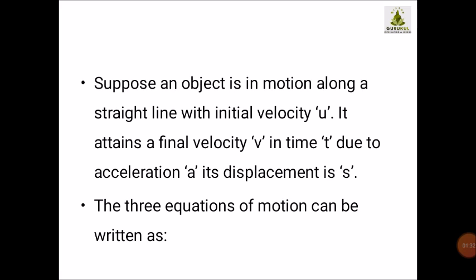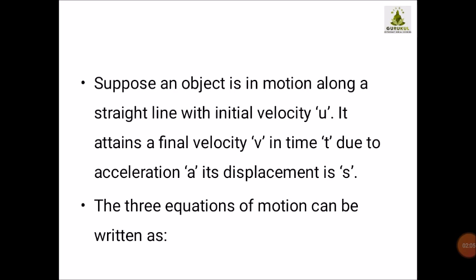Suppose an object is in motion along a straight line with initial velocity u. Now here I want to explain a little bit. Suppose you have boarded your bus from your home to school. I know due to COVID-19 you are not able to reach school, but just imagine the time when you were coming every day to school, maybe in your parents' vehicle or your school bus.